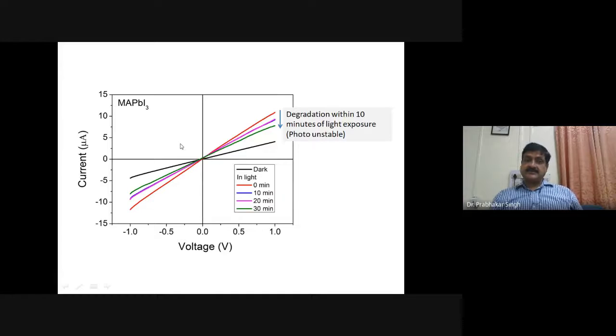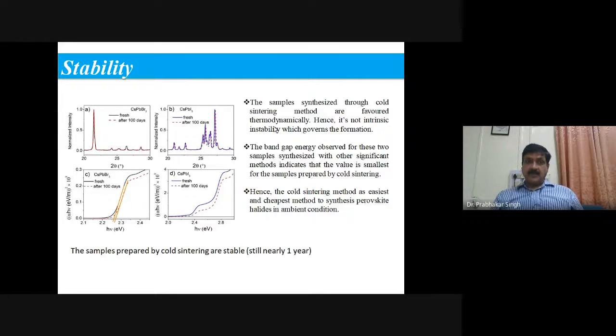We measured current and voltage at 0, 10, 20, and 30 minutes, and found it going down with time. Dark current is very low, but when you put light, current increases, but then goes down. So the degradation is there. The material is not stable; you can see the degradation within 10 minutes of light exposure. This is the photo instability we observed.